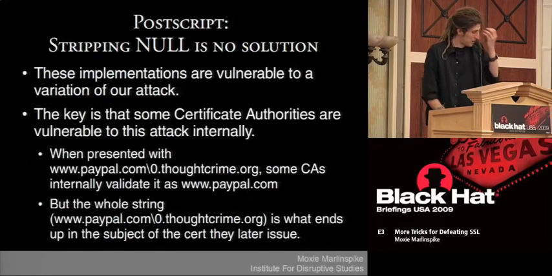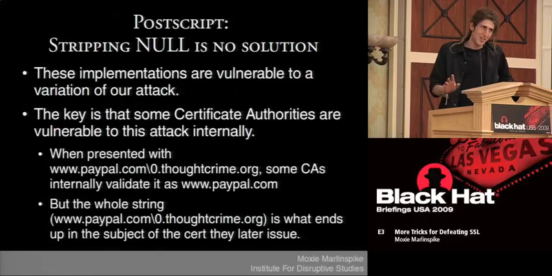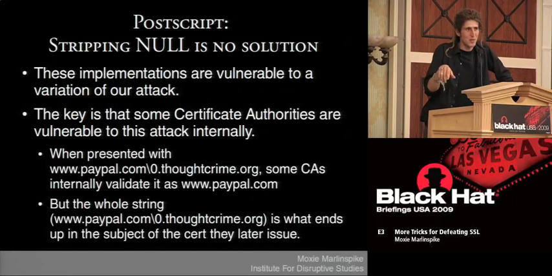Something that's weird about this vulnerability is that sometimes the certificate authorities are vulnerable to it themselves. Internally, when the certificate authority goes to parse out the root domain, they will get tripped up and the null character will confuse them.